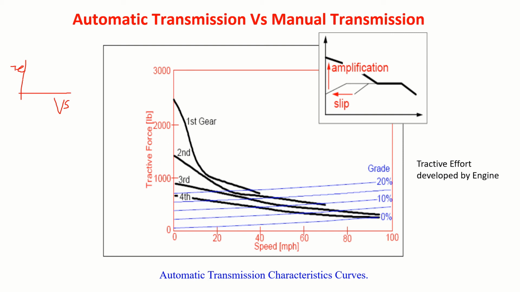The engine develops a tractive effort like this, and a vehicle will have three resistance forces: aerodynamic resistance, gradient resistance, and rolling resistance. That graph, if I plot it, is how we are going to get it.